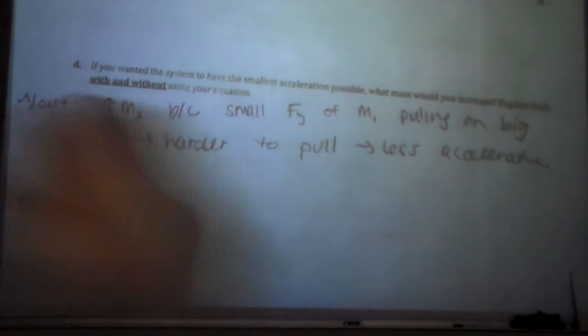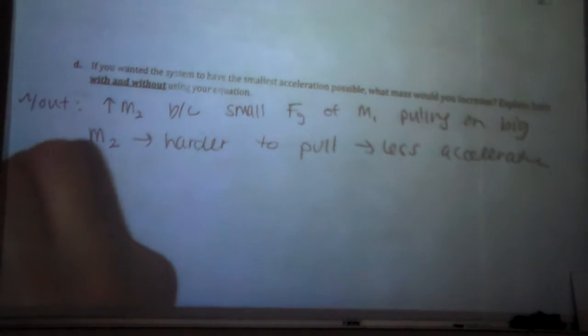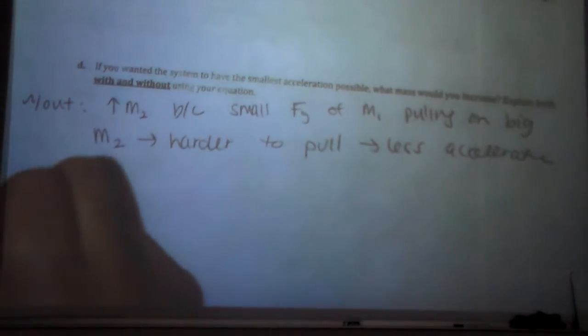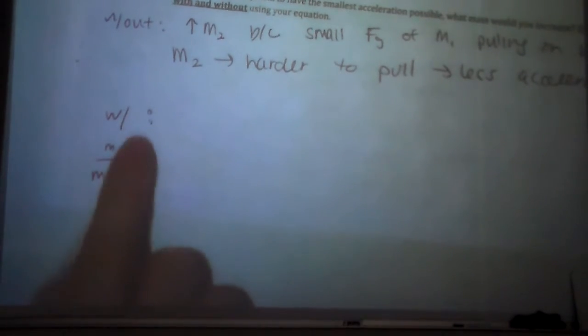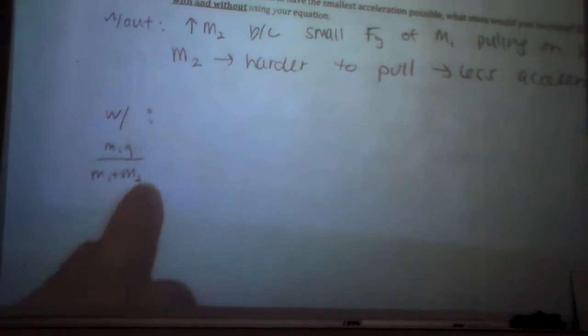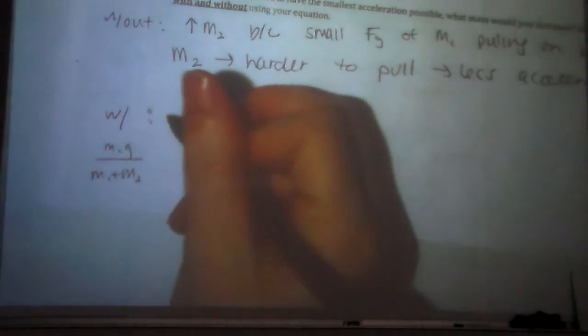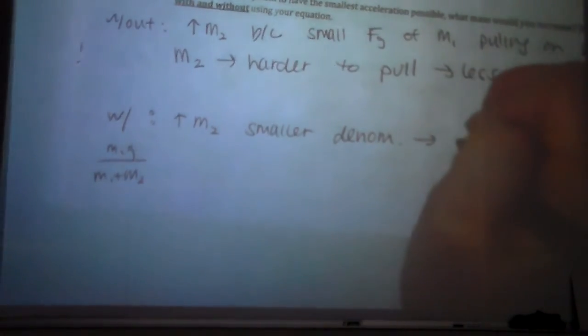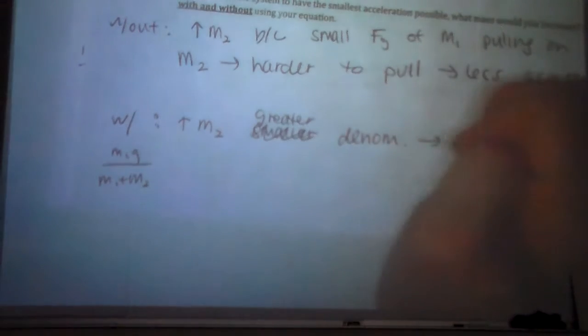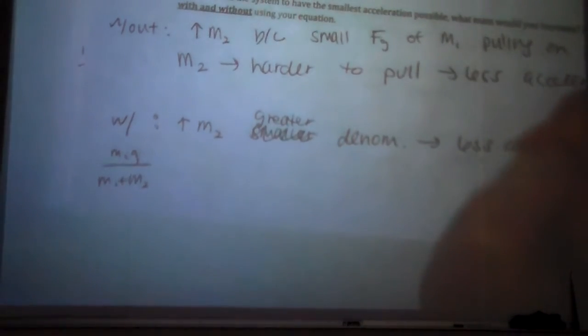Now using our equation, I have m1g over m1 plus m2. If I increase mass 2, see how I'm keeping the exact same force, but I'm dividing by more mass. If you increase m2, you have a greater denominator, which means less acceleration.